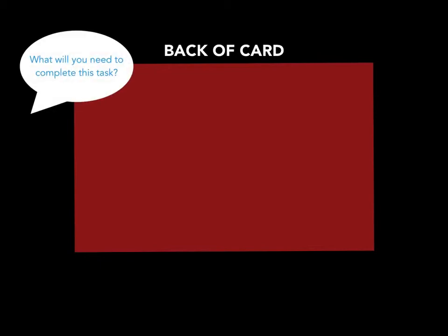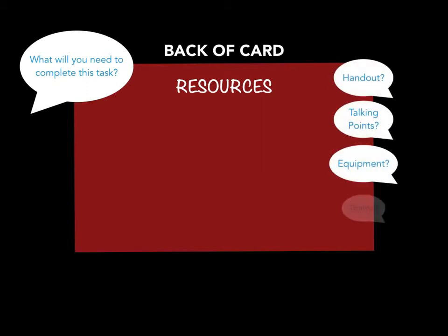Once we have a task that is specific and doable, it helps to think about what the person assigned to the task will need to be able to complete it successfully. We call these things resources, and they go on the back of the card. For example, does the person need a handout, talking points, equipment, or training?